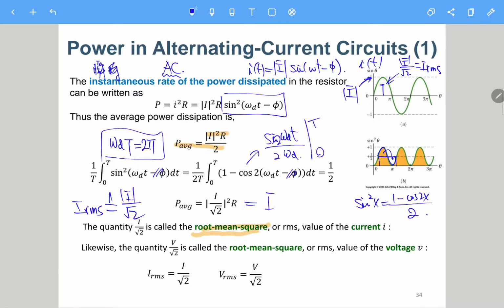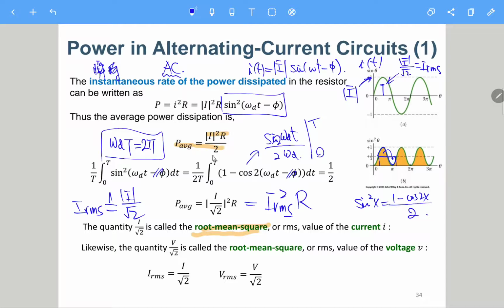So it is like I RMS square R, which will be something like this. If we only use I square, we need to consider to divide this term by 2. Then it looks like sometimes we divide by 2, sometimes we don't.